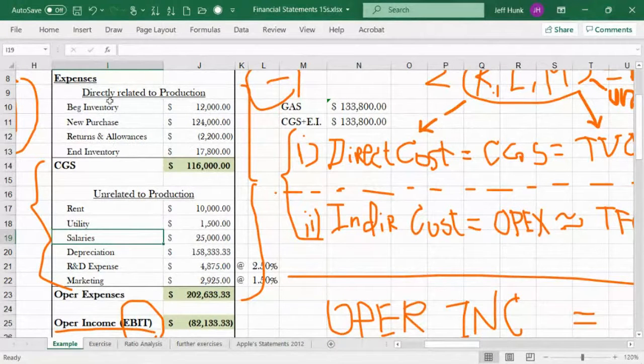I told you these line items are not exactly matching my explanation, because my explanation is based on manufacturing, and this one is very typical of retail. But I'm going to get to that later. And then the expenses that are unrelated to production, right?